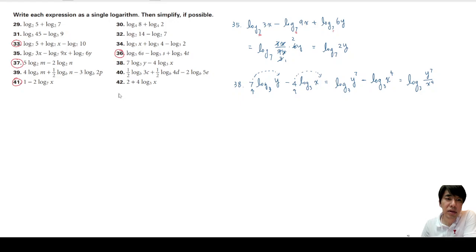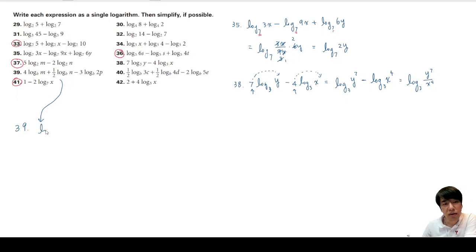Let me do 39. Okay, next. Let me just solve it directly here. Let's get rid of all these numbers in front of the log.